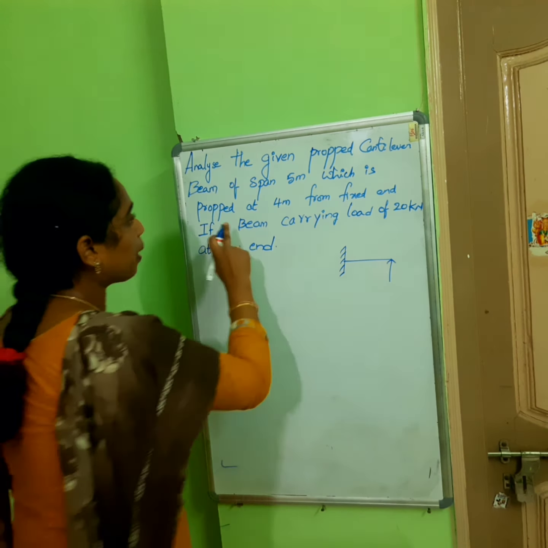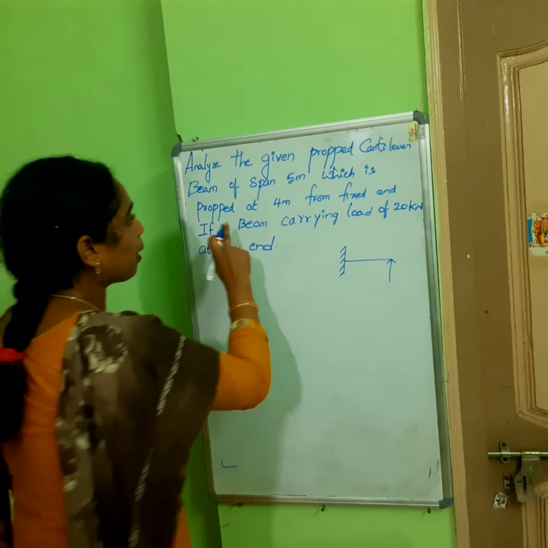If the beam carries a load of 20 kilonewton at the free end, that means the load is acting at the free end. Overall span length is 5 meters, so this distance will be 1 meter. Okay, this is my given problem.